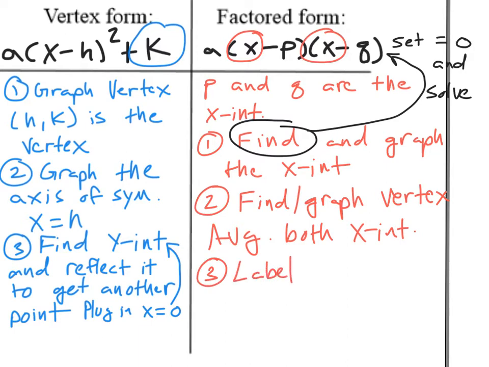But we wouldn't do the negative b over 2a thing because we don't have b. The vertex is going to be halfway in between the x-intercepts. So just take the average, plug that in to get your y value, and then label the axis of symmetry.